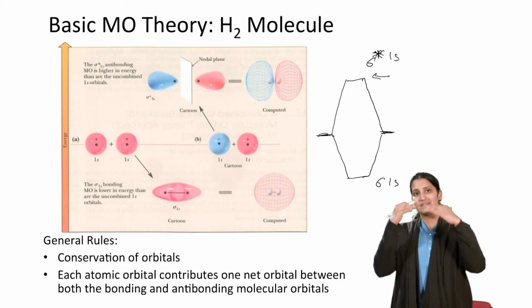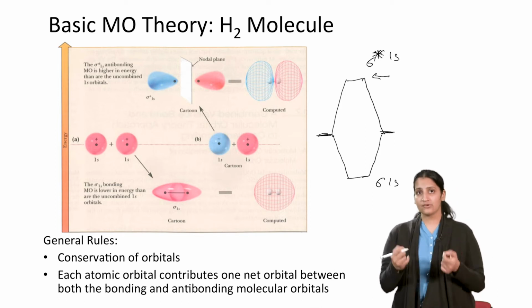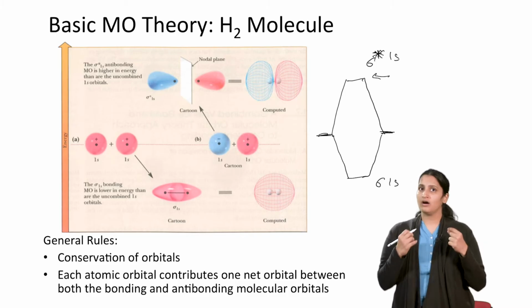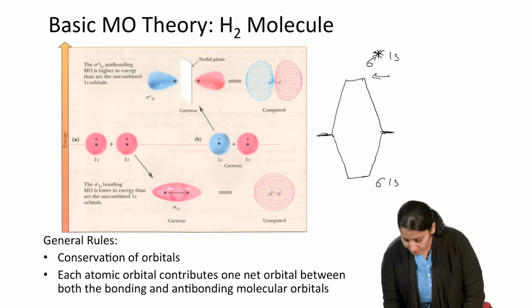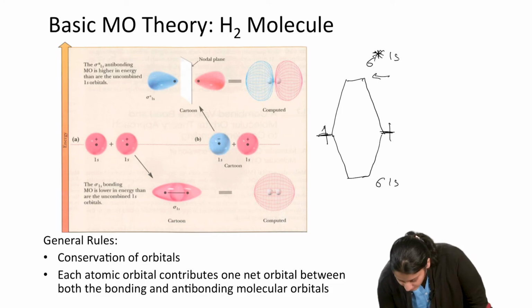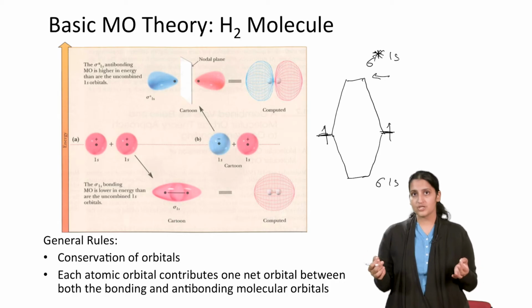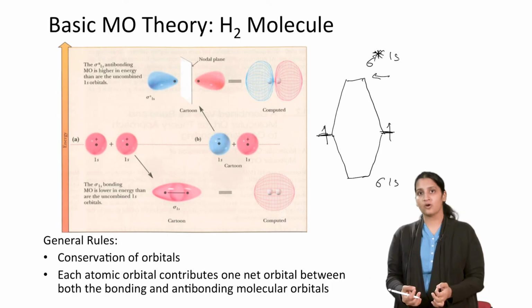Now, once we have designated these molecular orbitals, we go on filling electrons into them using the Aufbau principle and Pauli's exclusion principle. We are going to take one electron from each of these hydrogen atoms. Now, we have 2 electrons and we have to place them in these molecular orbitals.